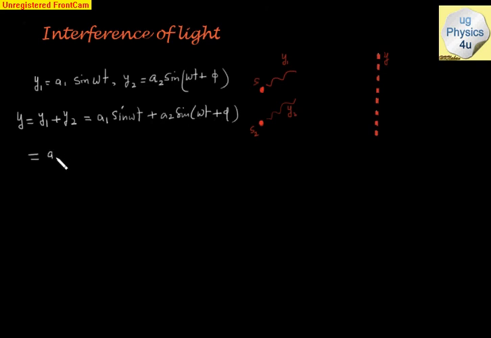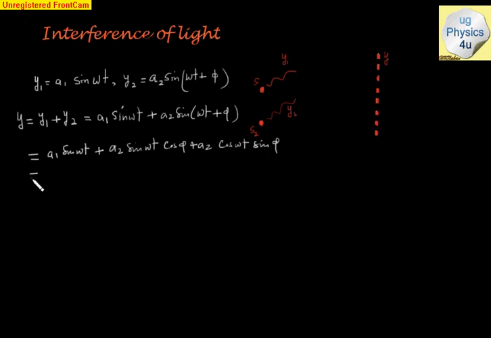So we can write a1 sine omega t plus a2 sine omega t cos phi plus a2 cos omega t sine phi. I have just expanded that simple relation.